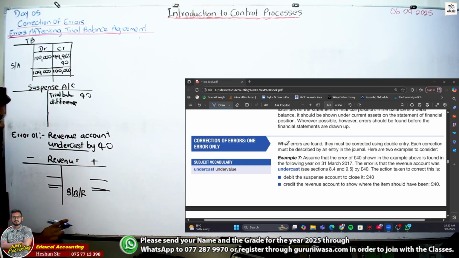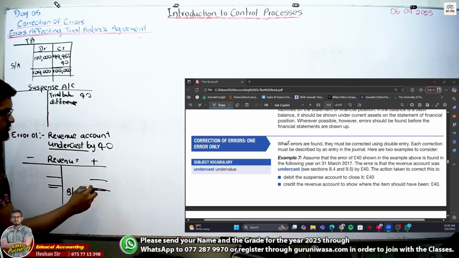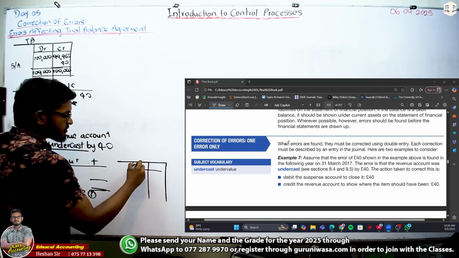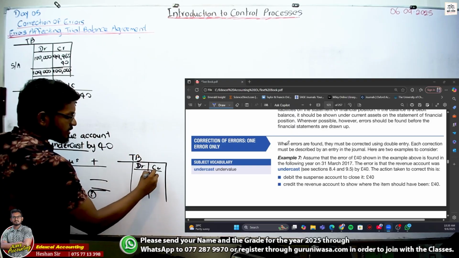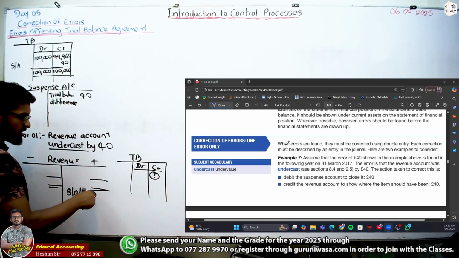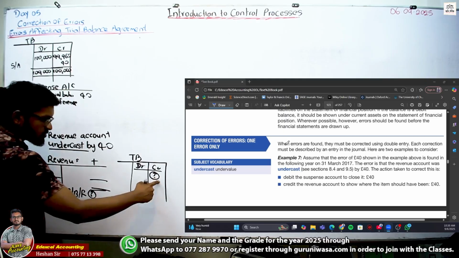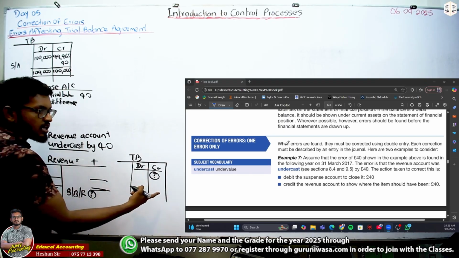So there is a 40 difference, and because of this, when we prepare the trial balance, debit and credit, there is a credit side deficit of 40. Why? We know this revenue balance, we take it to the trial balance.